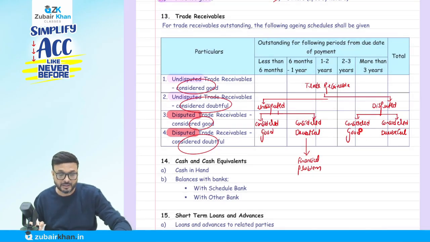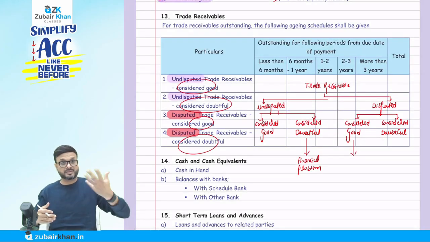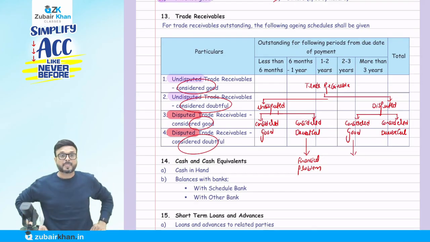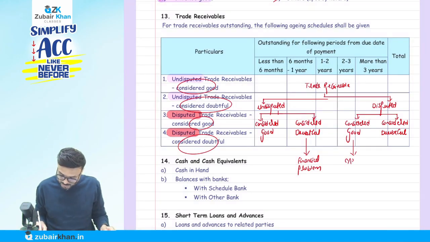If I have some dispute with your debtor, for example the goods are damaged, the amount may still be recoverable because it might be mentioned in the contract that he will pay the amount once the goods are sold.